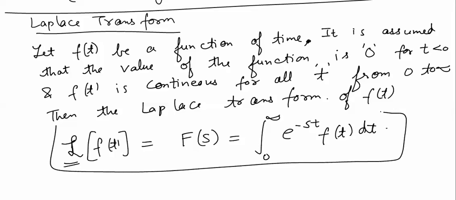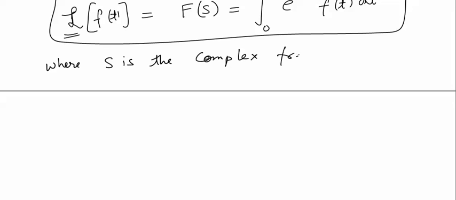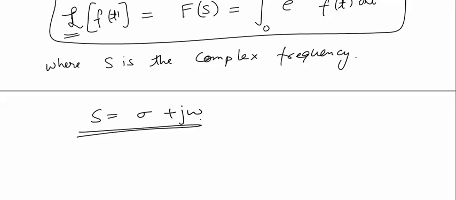This is very important for this chapter, right? Where s is the complex frequency, given by s equals sigma plus j omega. Sigma is the real part and omega is the imaginary part.